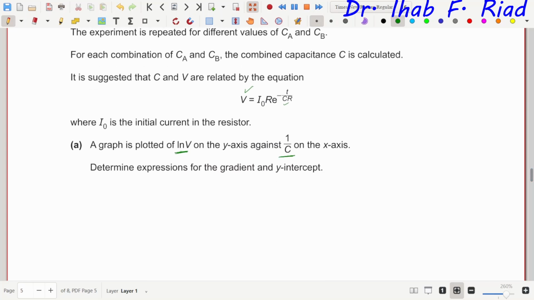So how should we do this? Okay, he's telling us that on the y-axis we need ln V. So the thing to do is to take the natural logarithm of this equation, for both sides.